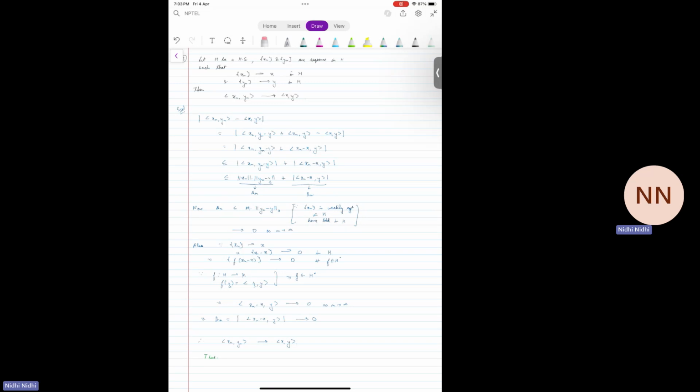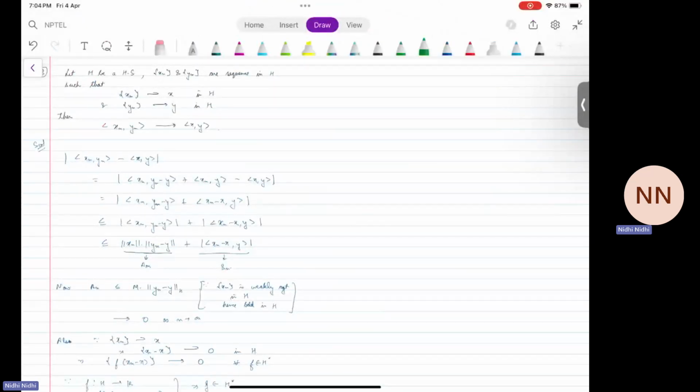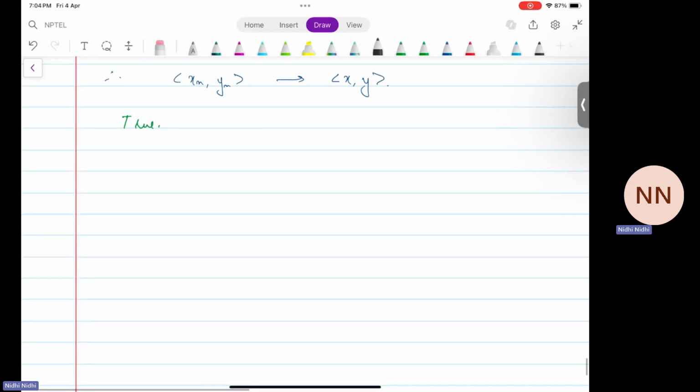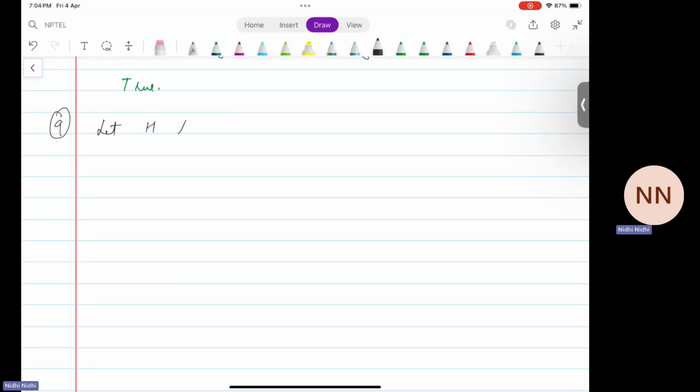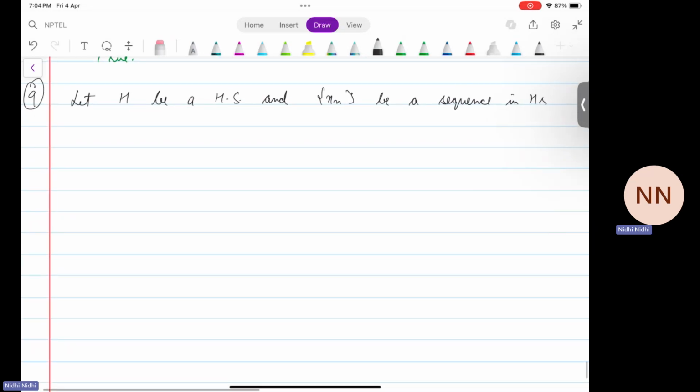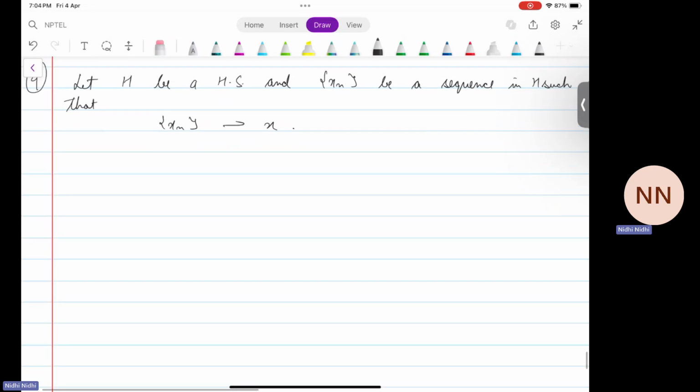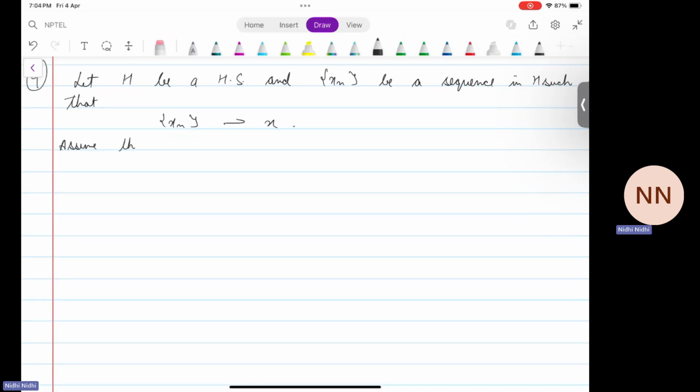Okay, so if you do not have any doubt, we can move to the next question. Let H be a Hilbert space and Xn be a sequence in H such that Xn converges weakly to X. Assume that norm Xn is less than or equal to 1 for every n in N and norm X is equal to 1.